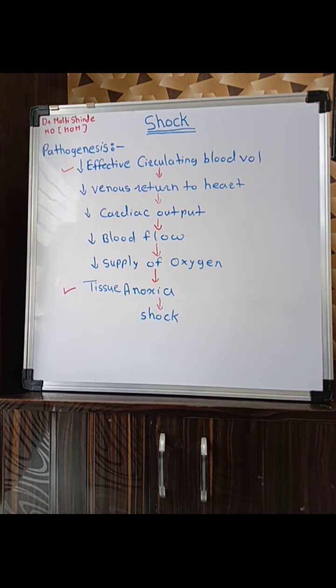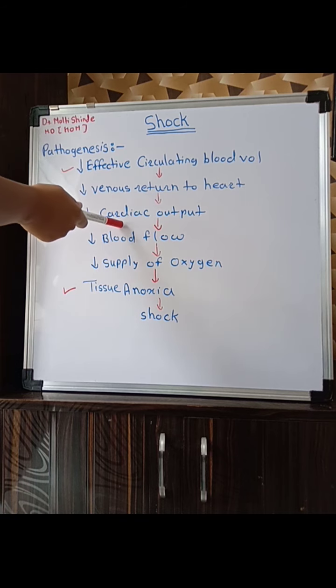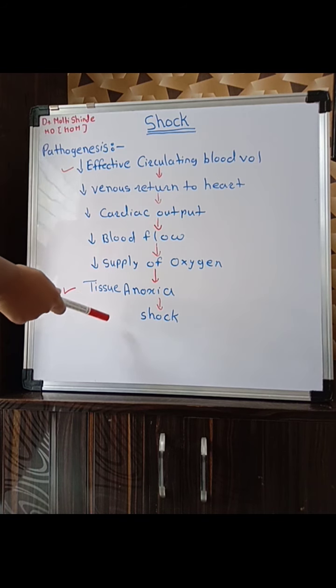And in septicemic shock, there is production of endotoxin or exotoxin that leads to septicemia, and there are changes in the vascular permeability, and due to this there is peripheral pooling of blood, and that leads to the secretion of toxins, and that leads to a decrease in venous return, cardiac output, blood flow, oxygen supply, and tissue anoxia that leads to shock.